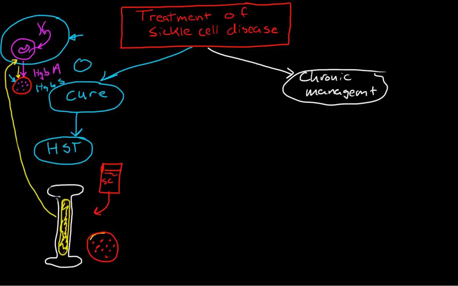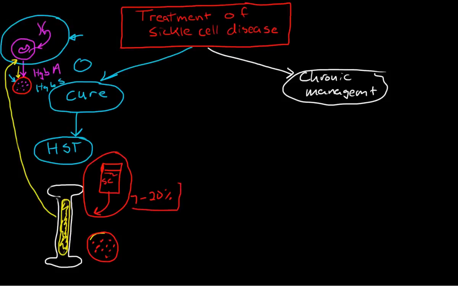All right, now this is a very risky procedure because the mortality rate is reported to be between 7 and 20% just from the procedure itself. The person has no white blood cell function for several weeks after the transplant and is prone to infections, and also the white blood cells from the donor can attack the patient's entire body as non-self, and this is called graft-versus-host disease, and this can cause mortality as well.